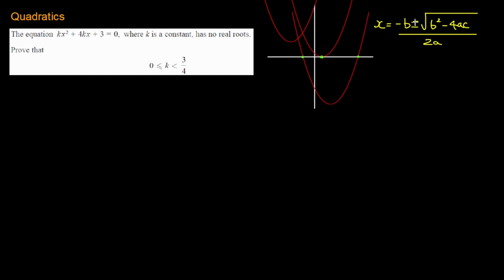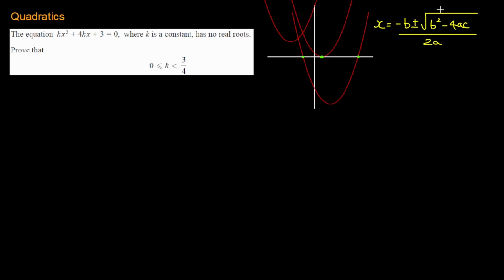In other words, when we use the plus and minus here, we'll get two real answers. Now, the quadratic formula is basically the determinant as to whether there'll be 1, 2, or no solutions. And that comes from the value of the square root.